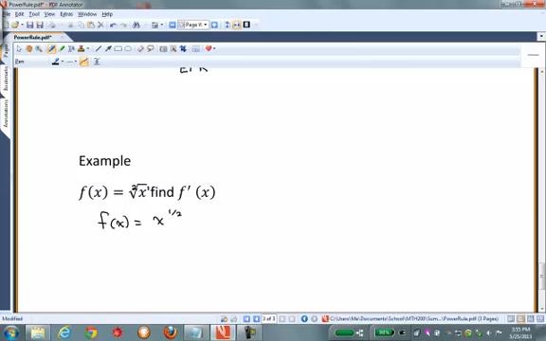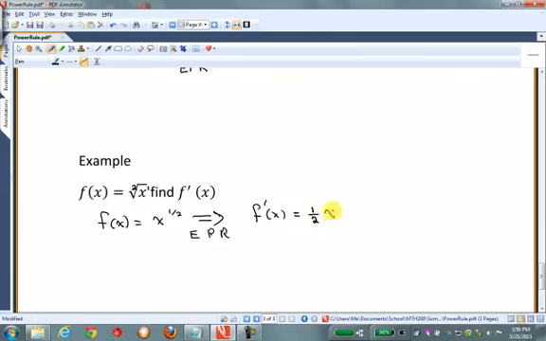Okay, so according to the extended power rule, f prime of x will be the old exponent comes out in front.